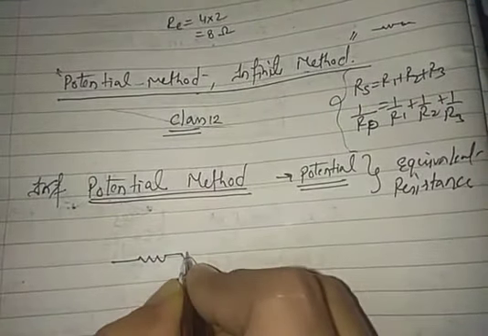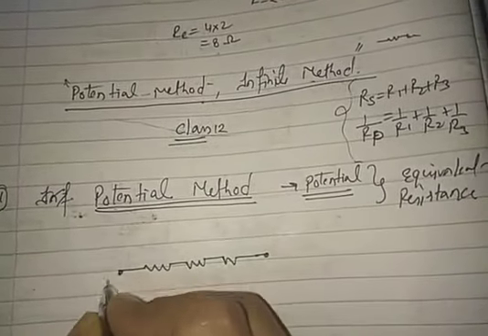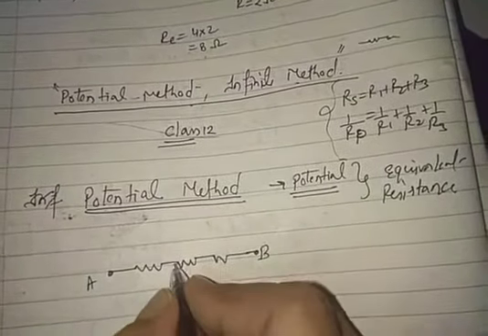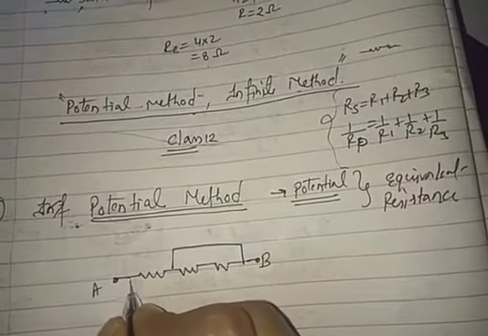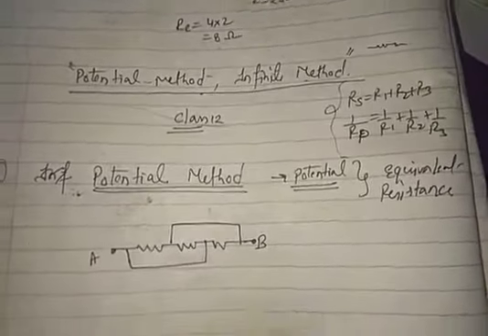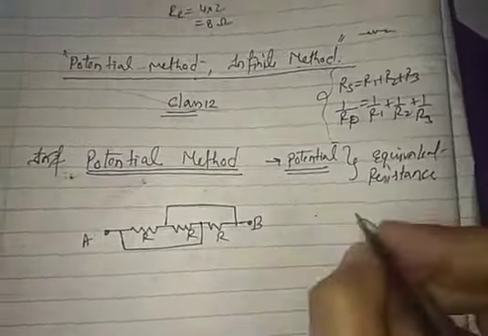Now this is the circuit, with point A and point B. One wire is joined like this and another wire is joined like this. The resistances are R. Now I am asking, find the equivalent resistance between points A and B.